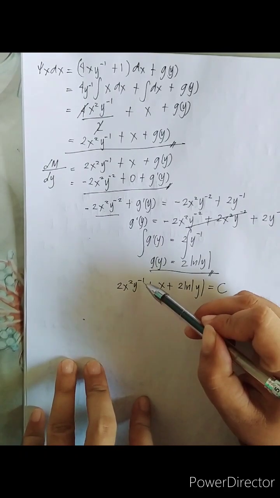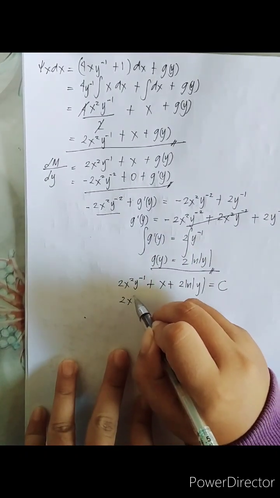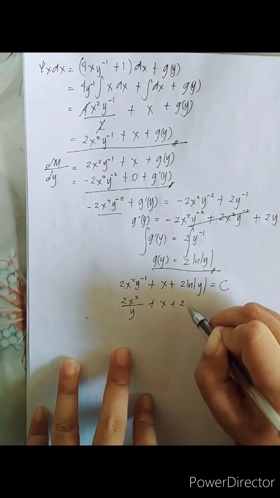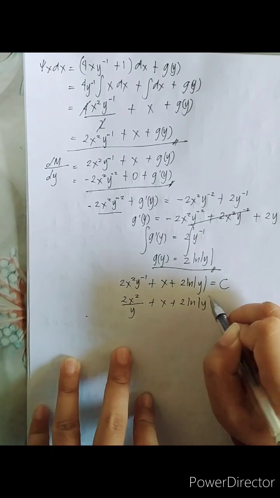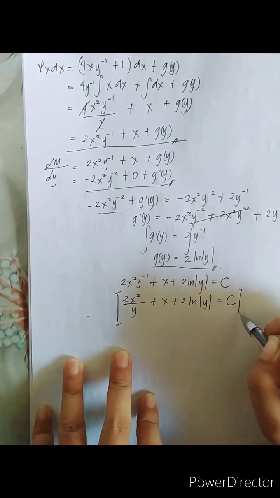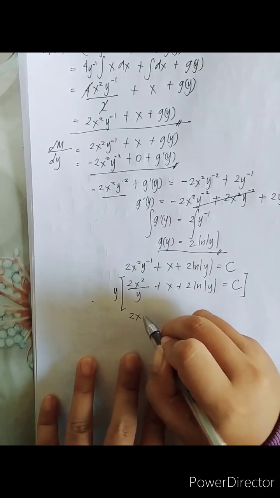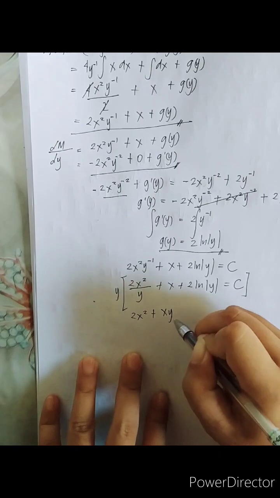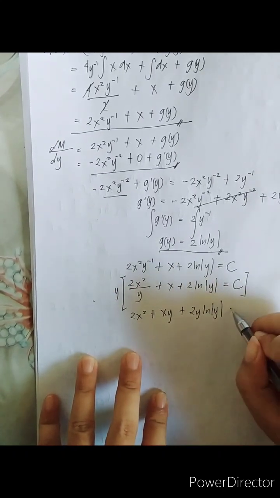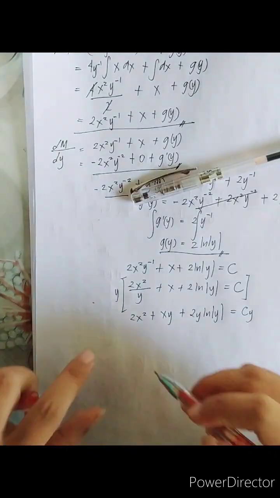Since there is a negative exponent, we can rewrite this as 2x squared over y plus x plus 2 ln y equals c. Multiply by y to cancel the denominator. This will become 2x squared plus xy plus 2y ln y equals cy. Then this will be our final answer.